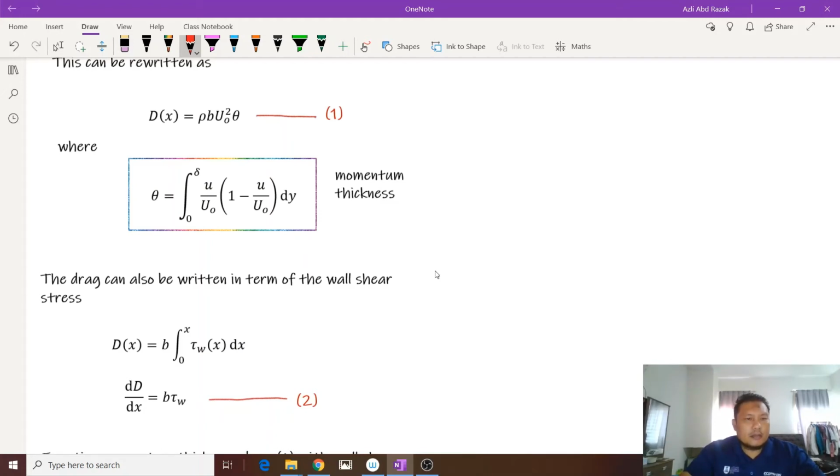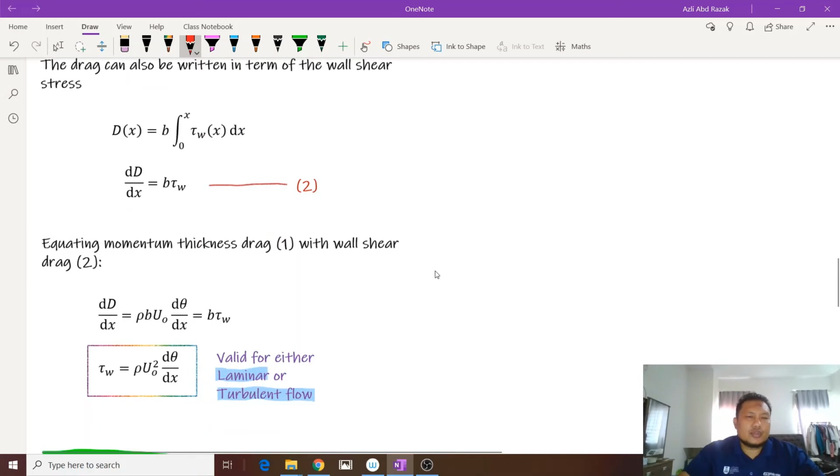All right. The drag dx can also be written in terms of wall shear stress. The drag comes from the shear stress acting over the area at the top.